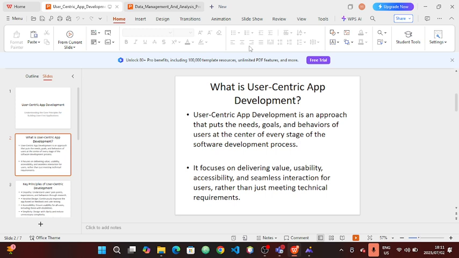Wow. It focuses on delivering value, usability, accessibility, and seamless interaction for users rather than just meeting technical requirements. So basically what they are telling us is that it is important to get the user's point of view rather than only the technical requirements.